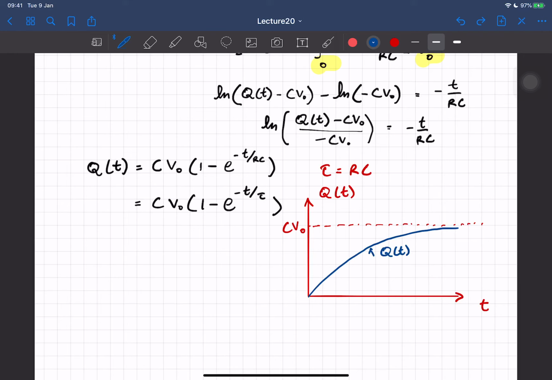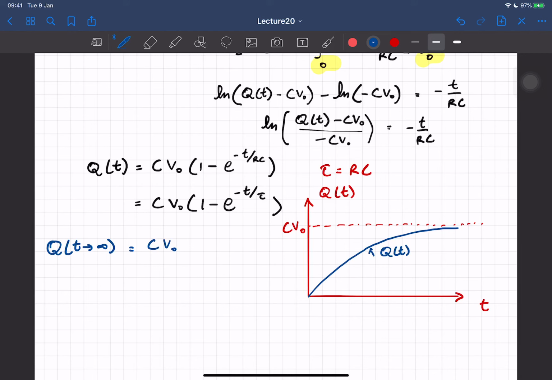That makes sense because as time goes to infinity, q is just equal to C times V. And q equal to CV is the definition of capacitance, right? So it's no surprise that it gives you this kind of value.